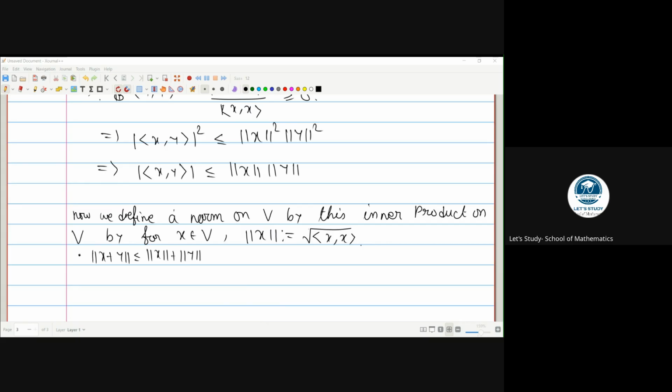Someone other than Saurabh, please try to explain the triangle inequality part.